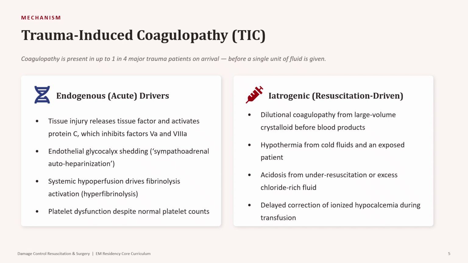So that worsens the coagulopathy. Then there is hypothermia from cold fluids in an exposed patient. All these things will lead to development of anaerobic metabolism. There is acidosis from under-resuscitation or excess chloride-rich fluids, or delayed correction of hypocalcemia during a massive transfusion. These are the contributors to trauma-induced coagulopathy.